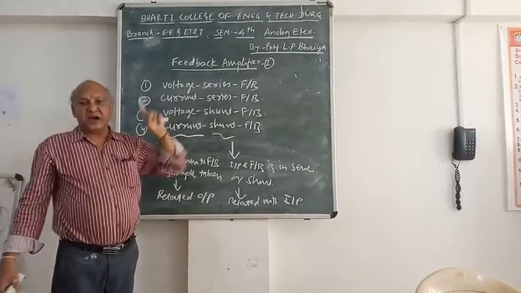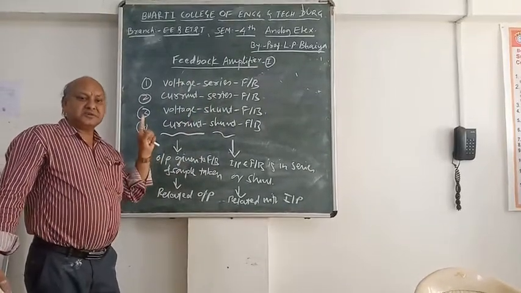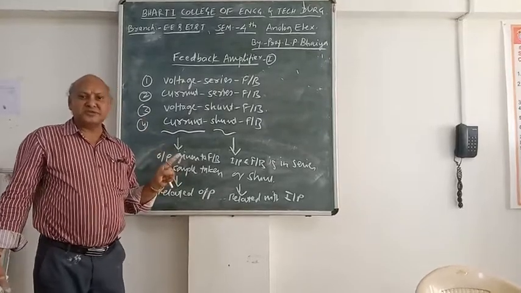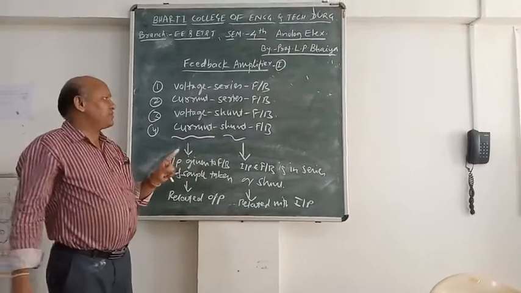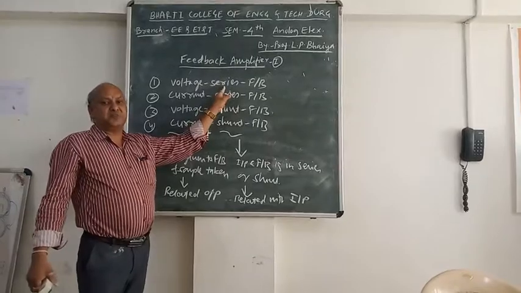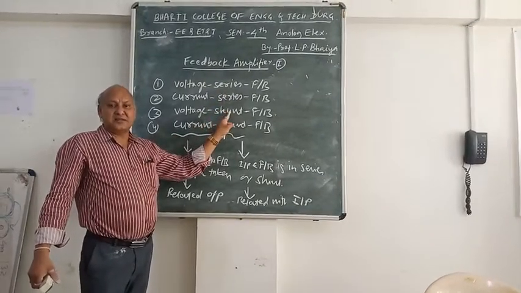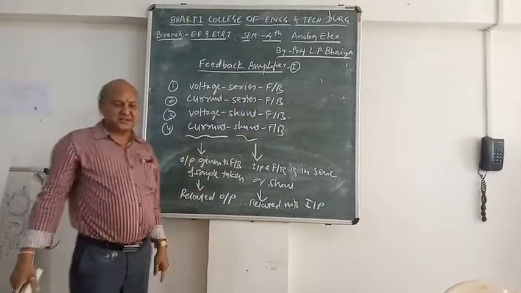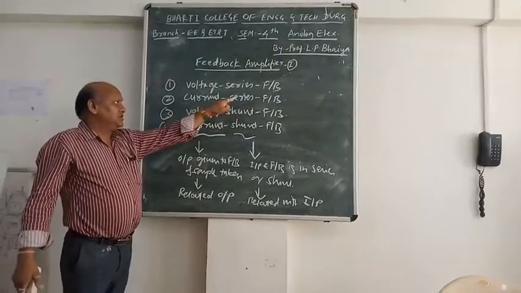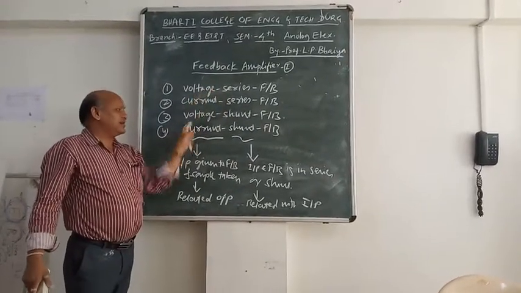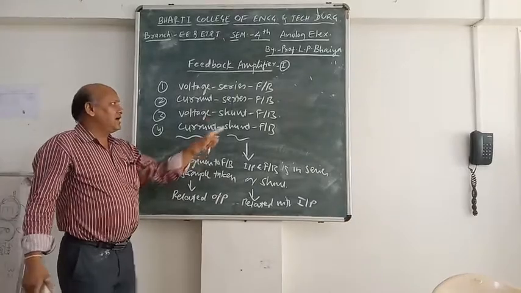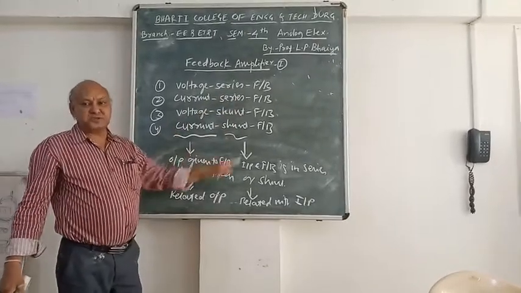Series means the feedback voltage or current is in series with the input, and shunt means parallel at the input. So depending upon these two quantities, either at the output side or at the input side, the topology is formed.